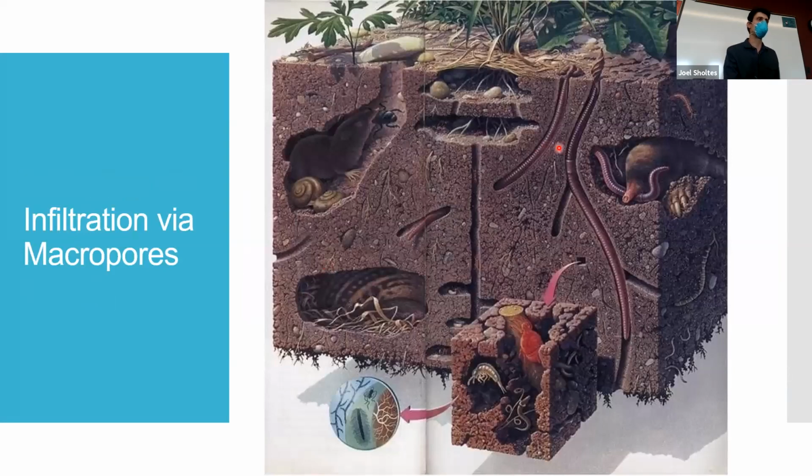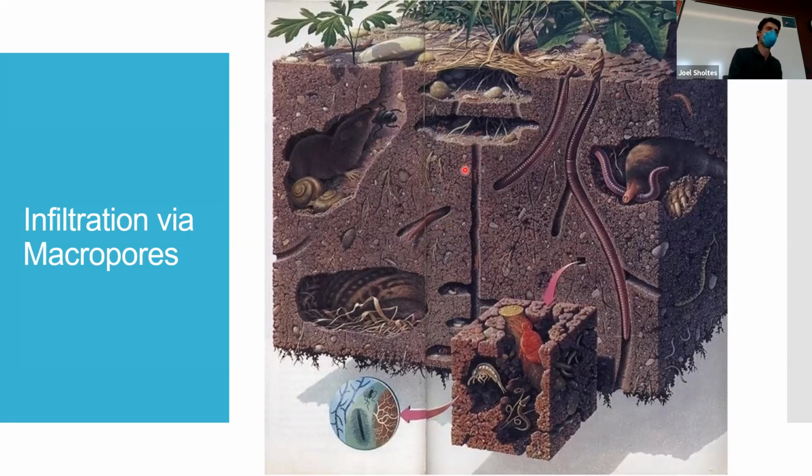So that's capillary action. We also have what's called macropores. And we don't consider these explicitly in engineering applications, but they're actually very important for understanding how water moves through soil. These are things that these little critters create. We've got worms, moles, bugs, roots. Maybe a tree has a big root and dies, and then that root decays away, and you've got a lot of pores in there.